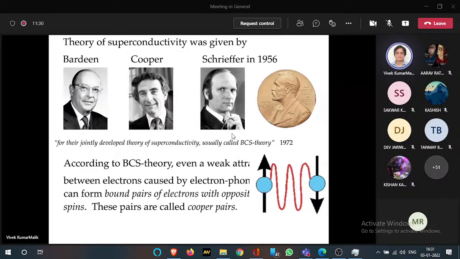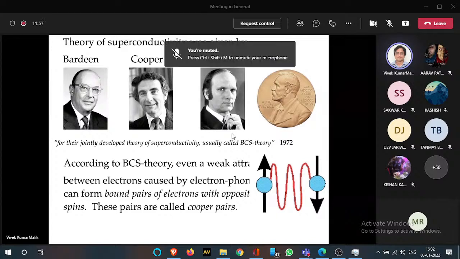More and more electrons start to form Cooper pairs, and they come in phase with each other. So there is a macroscopic phase associated with this superconducting condensate, when all these electrons get condensed into Cooper pairs. They get a single phase, so you can observe interference phenomena and so on at a macroscopic scale.